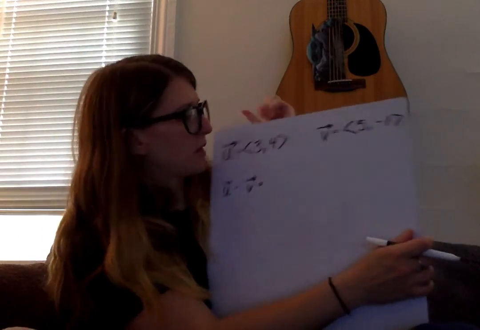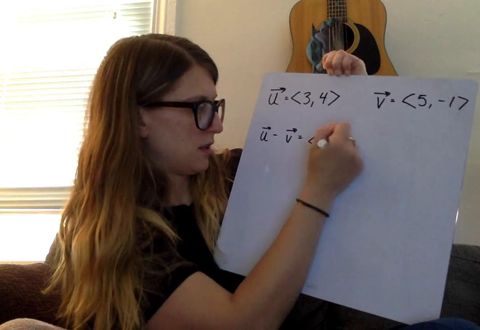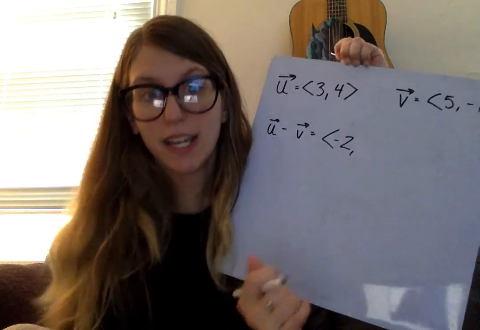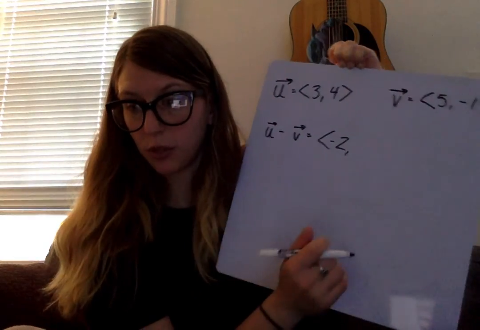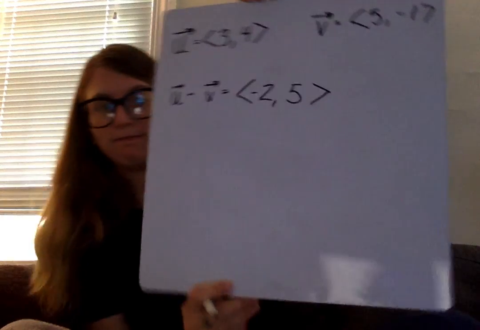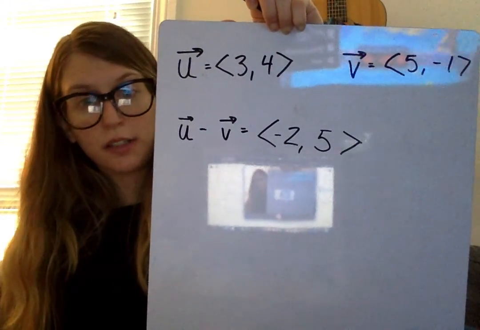So we're going to do vector u minus vector v. 3 minus 5 is negative 2. And 4 minus negative 1, be careful because it's minus negative 1, is 5. Done. That's it.